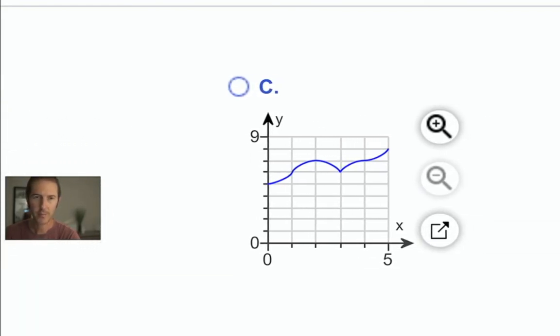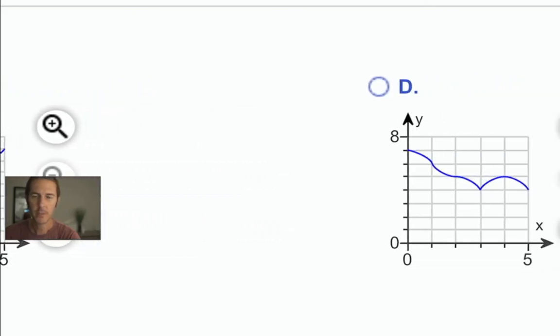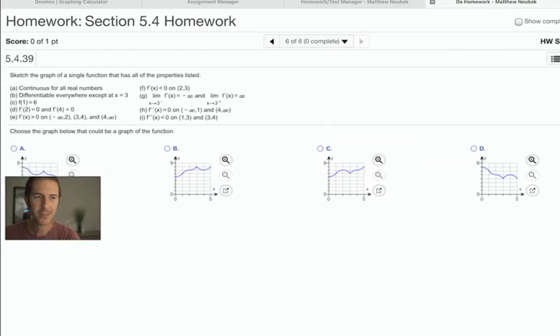Option C, fail, not smooth where x equals 3. Option D, fail, right? So you're going to have to continue looking through this list of characteristics and examining each one of the graphs, and eventually you'll run into a characteristic or two where you'll get to start crossing out some of your options. Just keep whittling it down until you've got one answer left, all right?